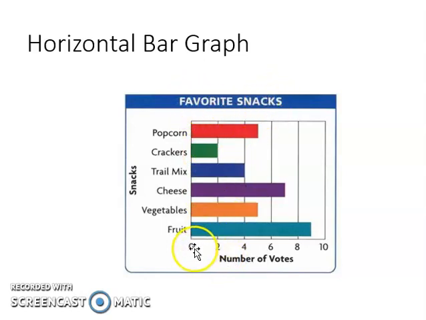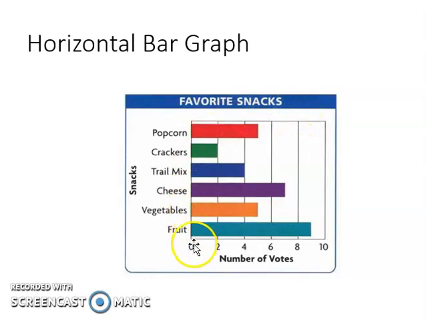At the same time, you must have a scale or a ruler. Because you need to know the number, you need to know the measurement, you need to know the exact figure of a certain variable of a certain question, because this graph is asking what is the favorite snack of the students.